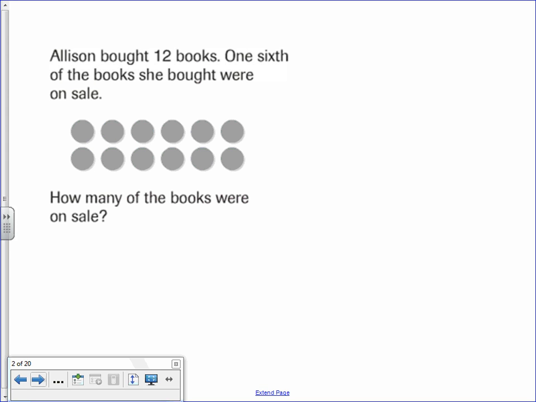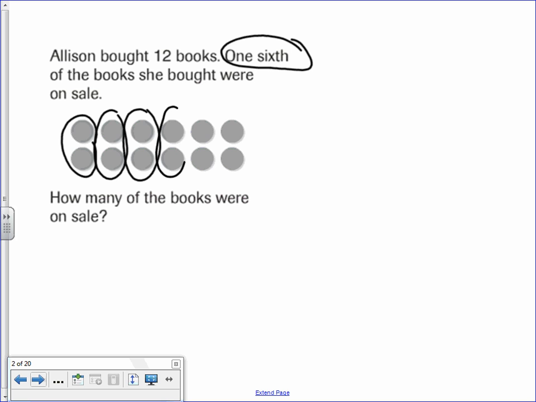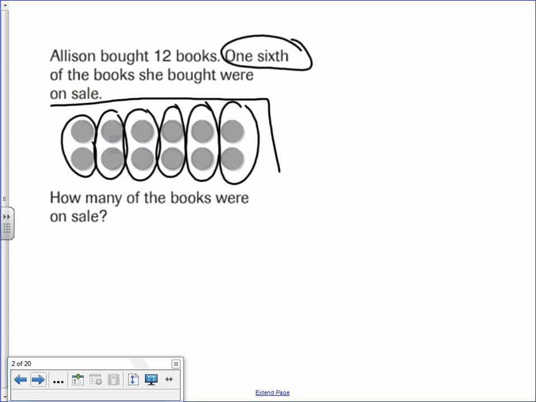Number 1, we're looking at 1/6. Okay, so we can divide these 12 books into 6 equal groups. Now I have made the whole set one whole, and each circled part is 1/6 of the group.